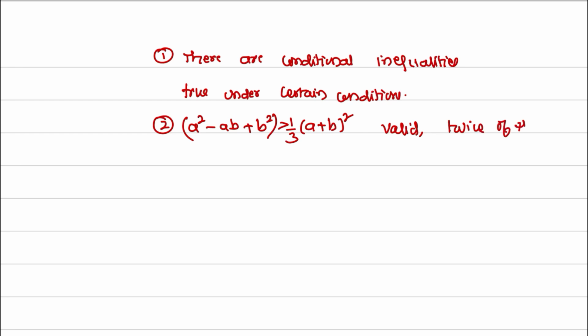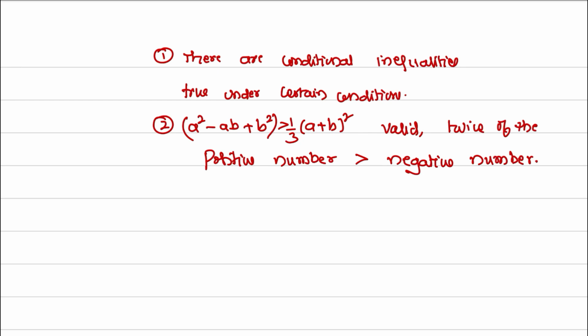Twice of the positive number is greater than the negative number. Don't worry about a and b. a and b can be interchanged because it is a symmetric equation. Whether you call it a square minus ab plus b square or b square minus ba plus a square, or either you call it a plus b whole square or b plus a whole square, it's a symmetric equation, so don't worry.